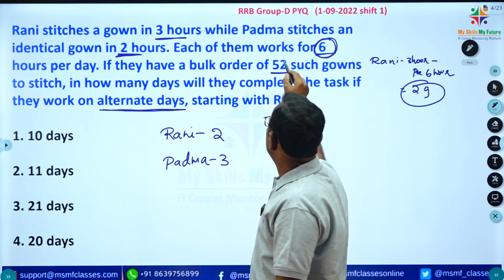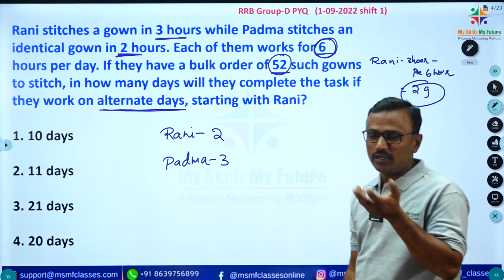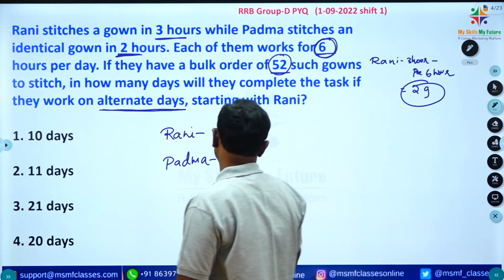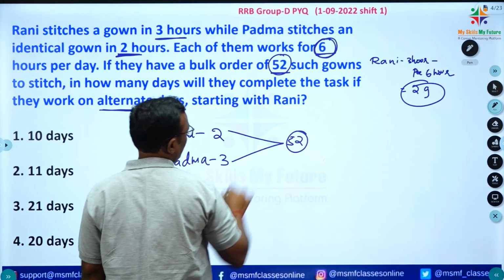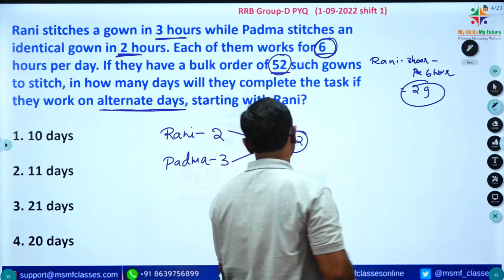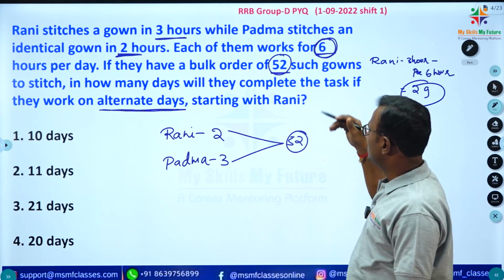They get a bulk order of 52 such gowns. We can consider this as the total work: 52 gowns.